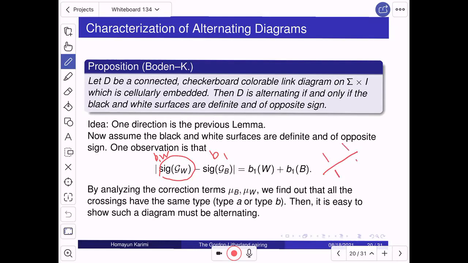For example, if you have a diagram like this, which is not alternating, and you checkerboard color this diagram, you can see that this crossing has eta equal to -1, and this one has eta equal to +1, so they have different incidence numbers. But this doesn't happen in this case, because you can show that all the incidence numbers are equal. As a result, the diagram should be alternating.